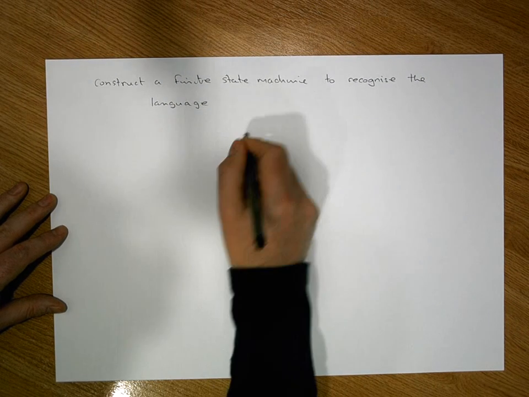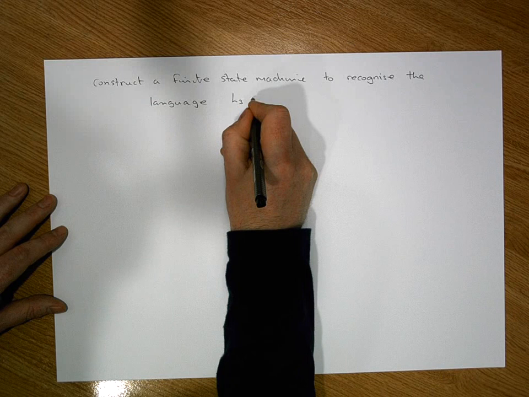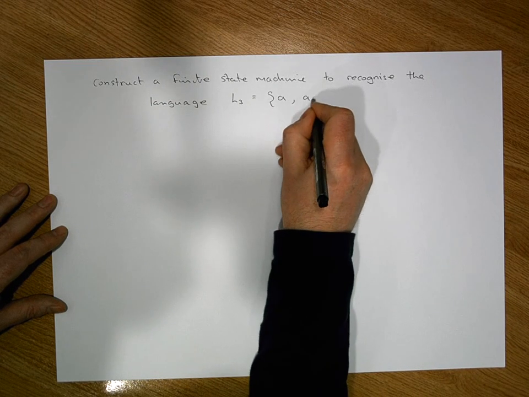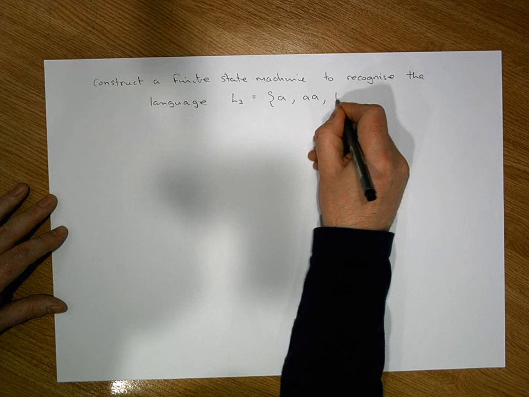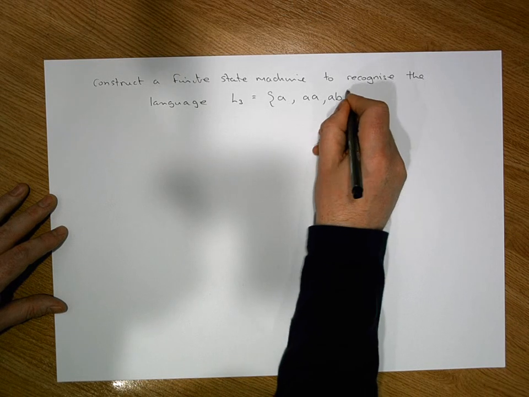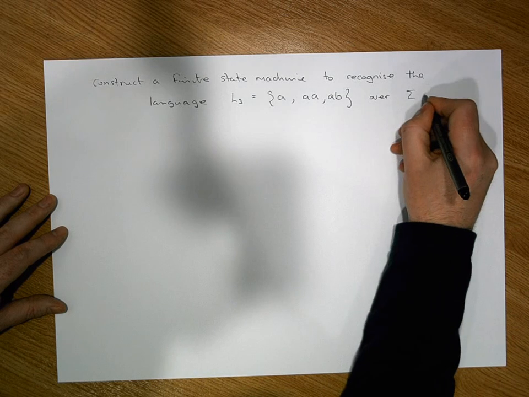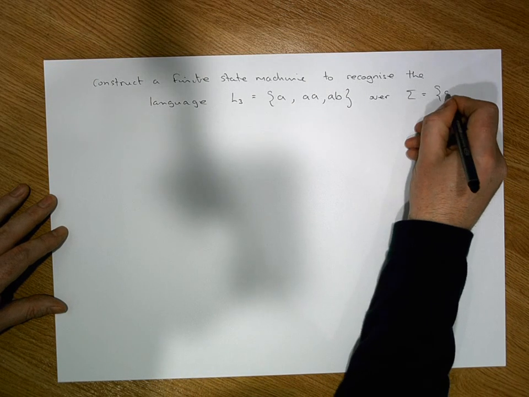Let's call it L3. It consists of an A, an AA, and an AB, over the alphabet A, B.